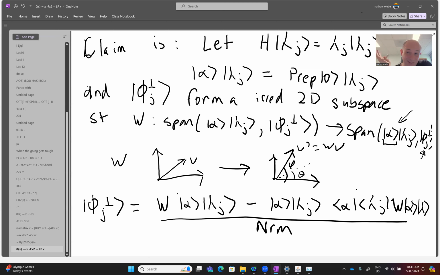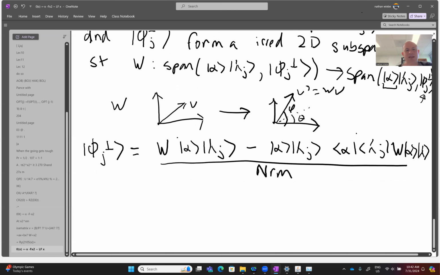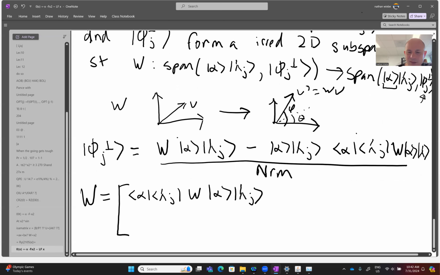So in order to see that, let's go through and compute the matrix elements. My claim is that inside this subspace, we can represent W as the following matrix. We have alpha lambda j, W, alpha lambda j here, and alpha lambda j times W phi perp over here.